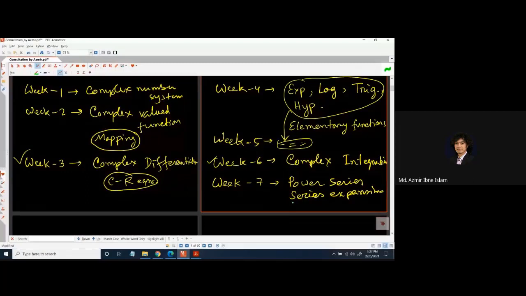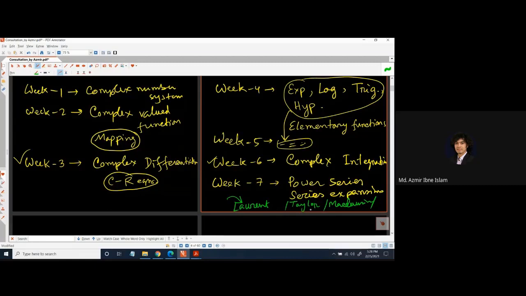So here you will see about Taylor series, Maclaurin series, and most importantly, you will see about Laurent series. Our focus will be mainly on Laurent series.